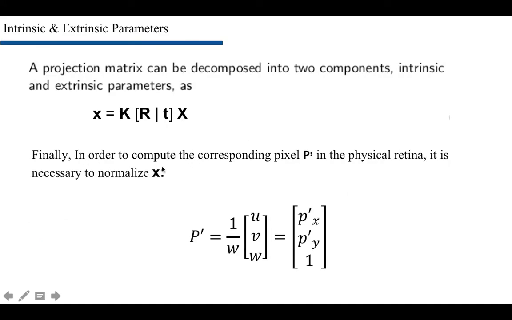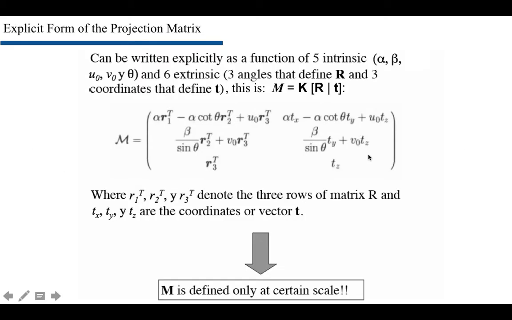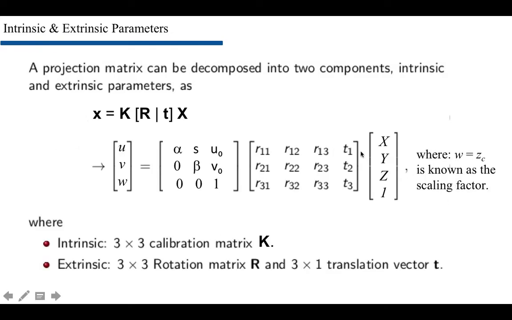And again, we need to rescale, normalize this vector in order to get the final location of the point P in the image plane, the final image pixel location. Okay, but let me go back a bit.